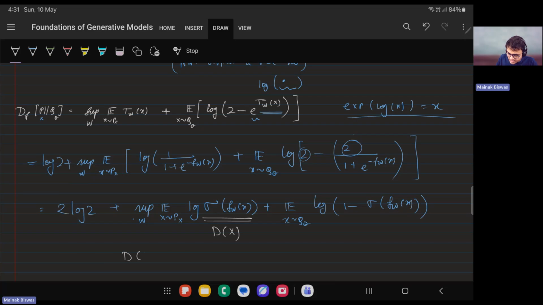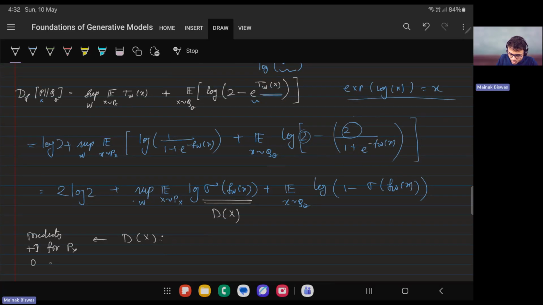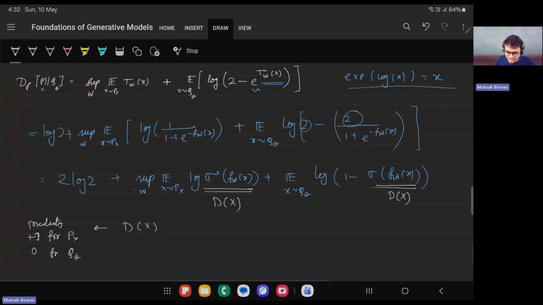So d of x is a discriminator which predicts 1 for p of x, and 0 for p theta or q theta. So this is equal to d of x and this is equal to d of x.